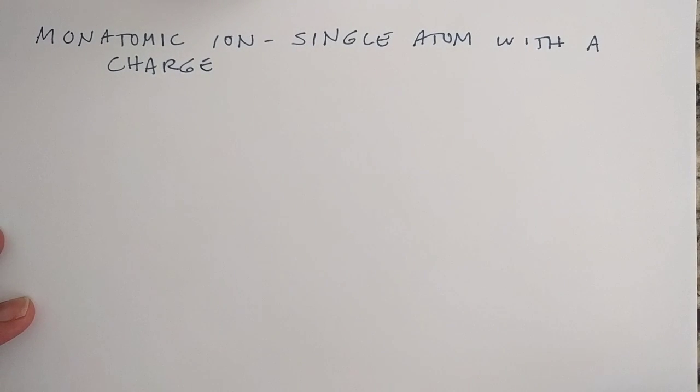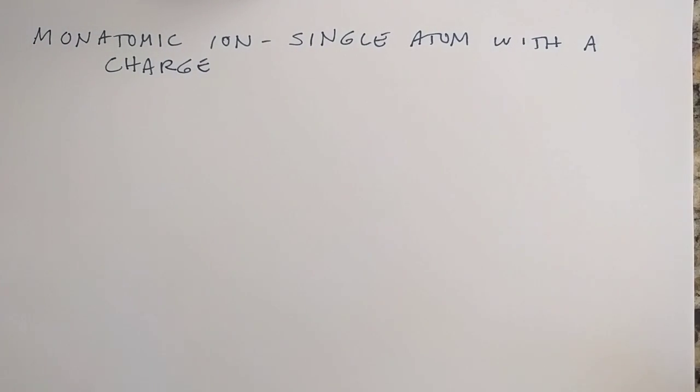So if we have an atom with the same number of protons as electrons, that atom is neutral. But if our protons and electrons do not equal each other, then we have an ion that has a charge.